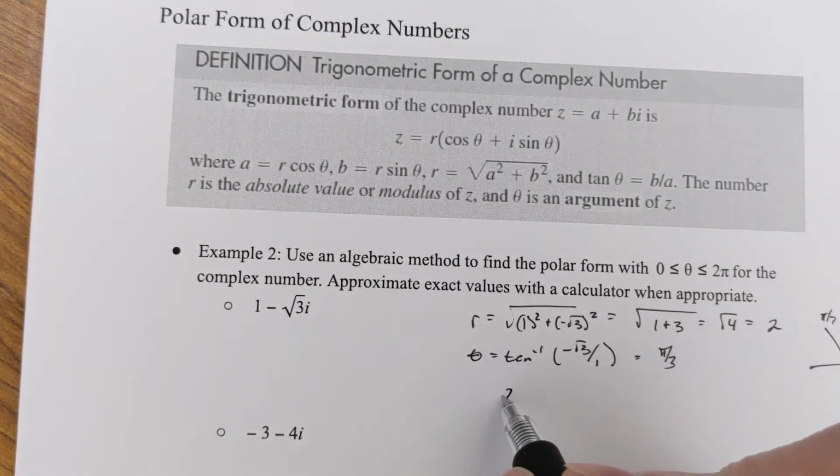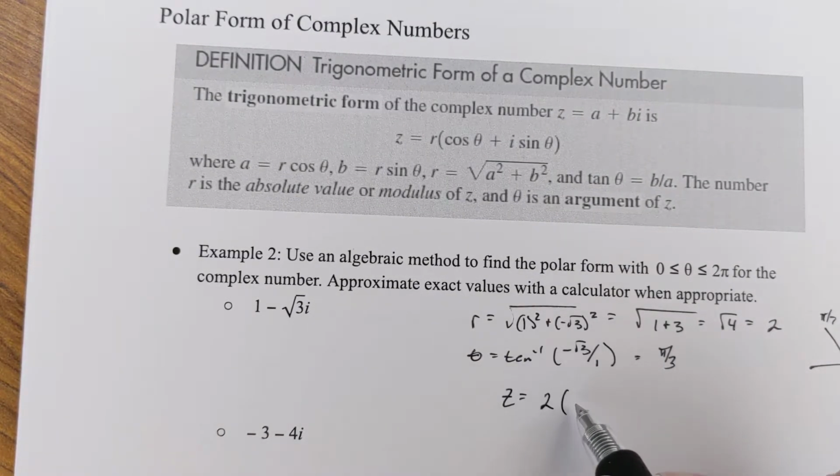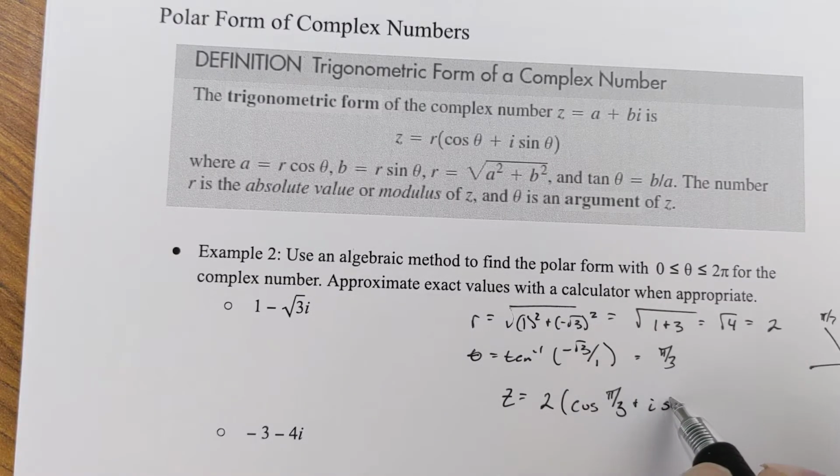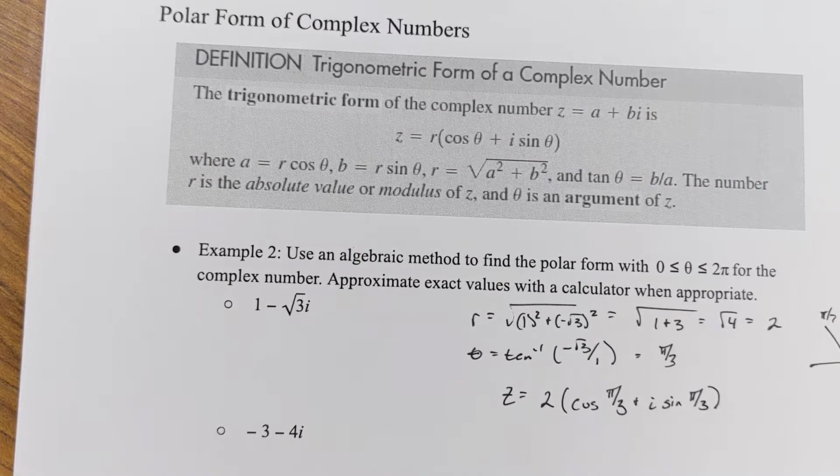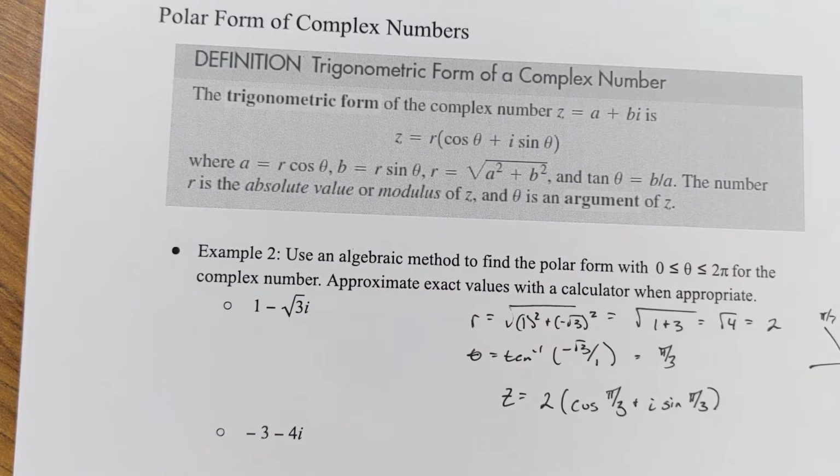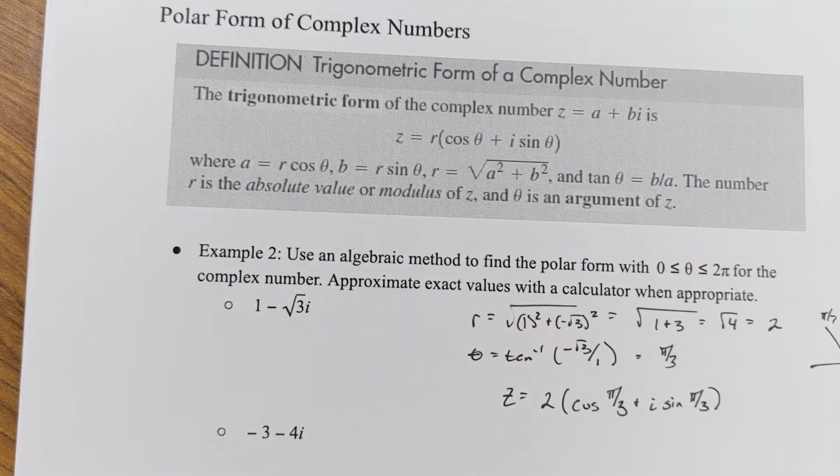So z equals 2 times the quantity cosine pi over 3 plus i sine pi over 3. And that's your answer. You don't go any farther because that's the form that you want it in. So there you go.